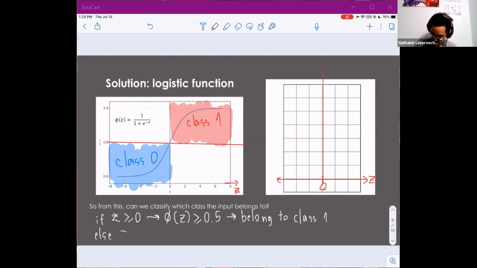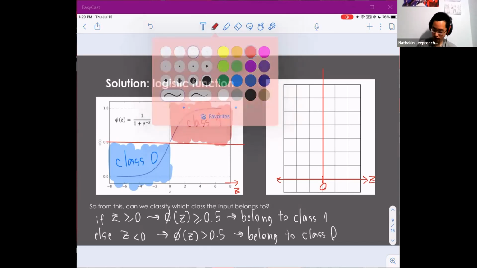Else, z is less than 0, and the y value, phi of z, is less than 0.5.